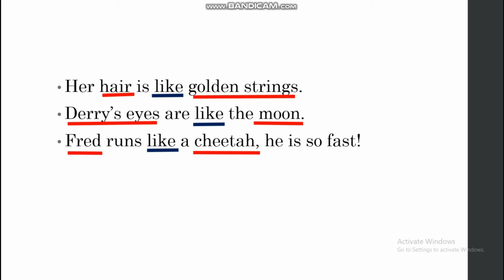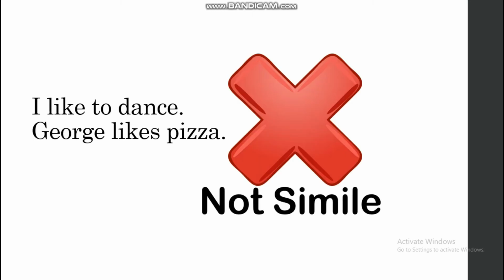Students, not every sentence that contains like is a simile. For example, I like to dance and George likes pizza. This is not a simile because these sentences don't compare two things.